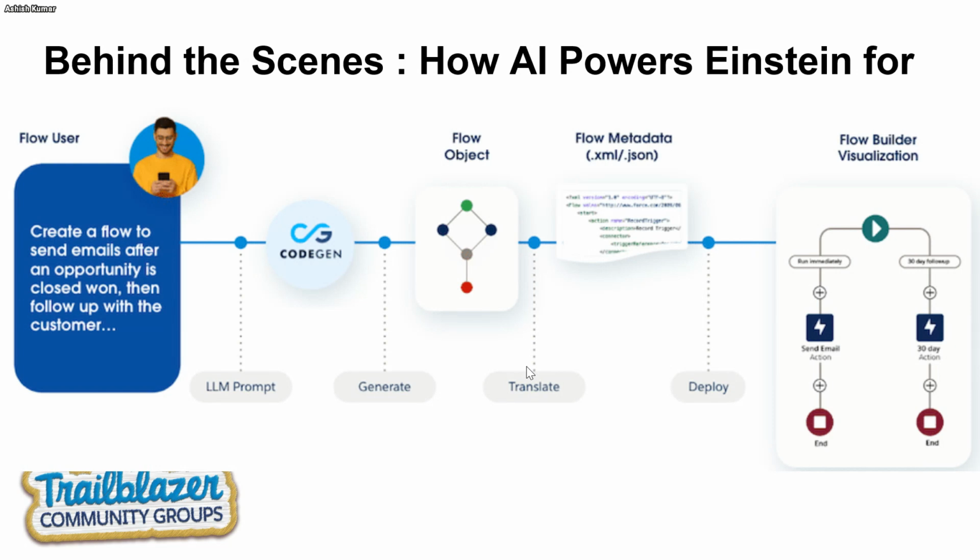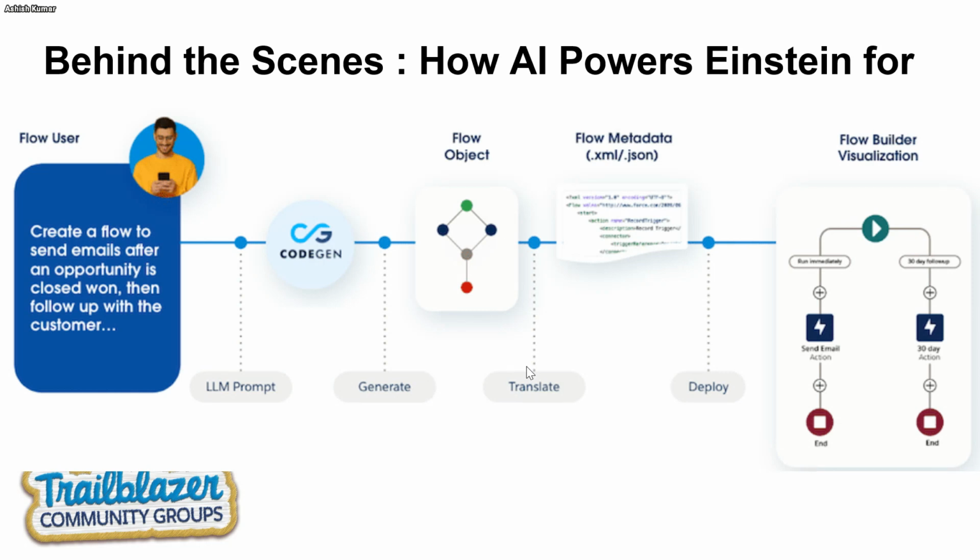The LLM prompt I passed goes to CodeGen. CodeGen processes our LLM prompt and finds the flow object, and after that our language is translated into JSON.